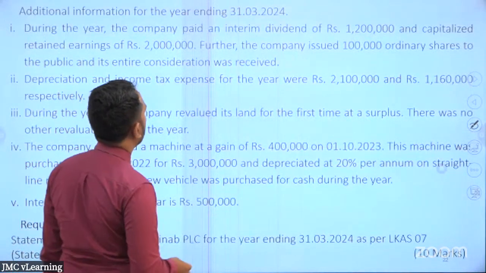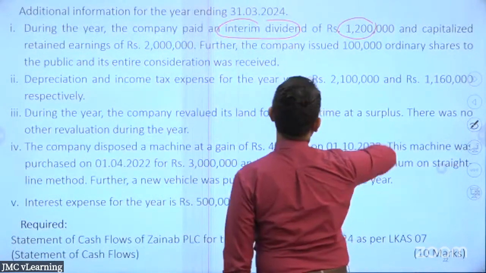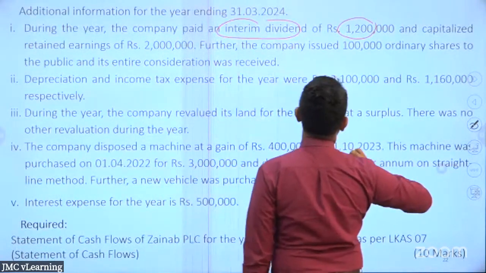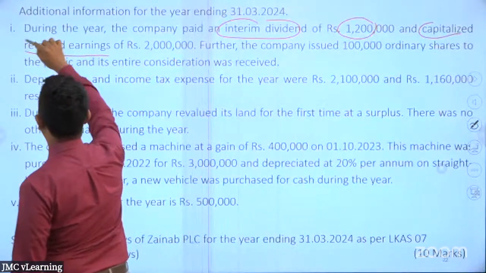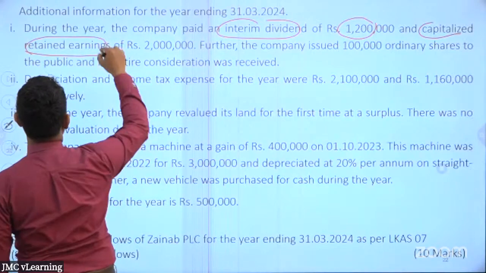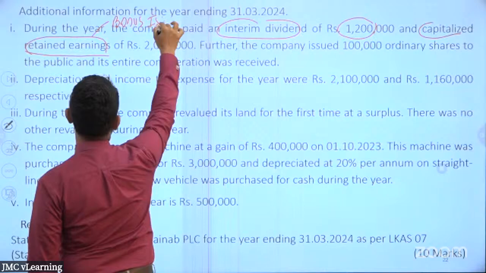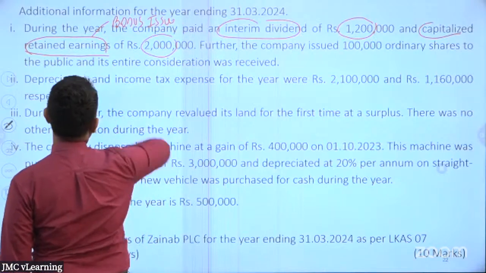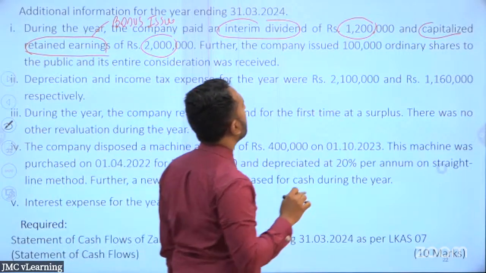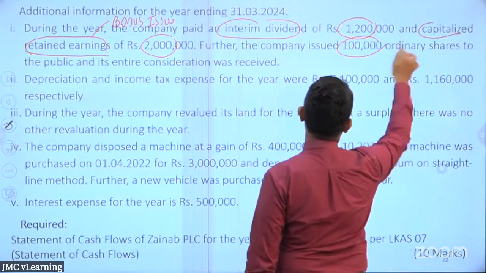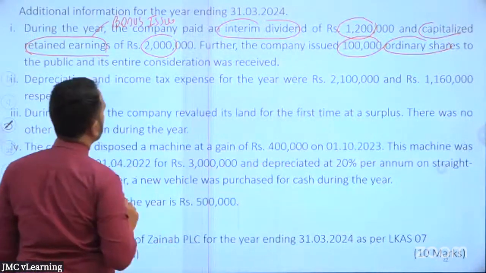During the year, the company paid an interim dividend of 1,002 and capitalized retained earnings. Capitalized retained earnings means a bonus issue. They have done a bonus issue of rupees 2 million. Further, the company issued 100,000 ordinary shares to the public. Entire consideration was received.